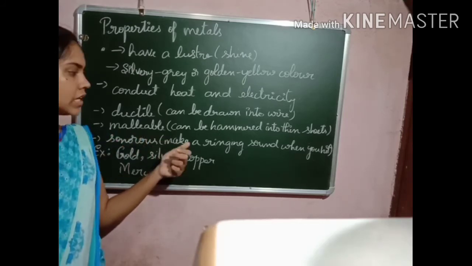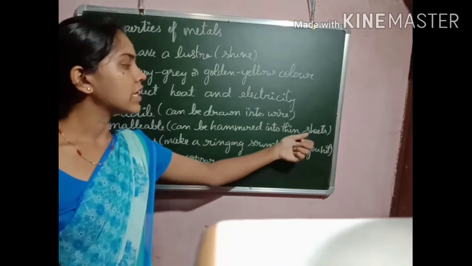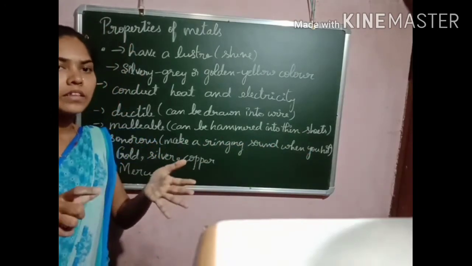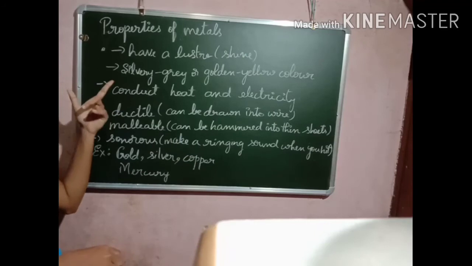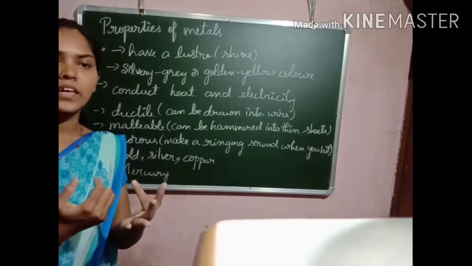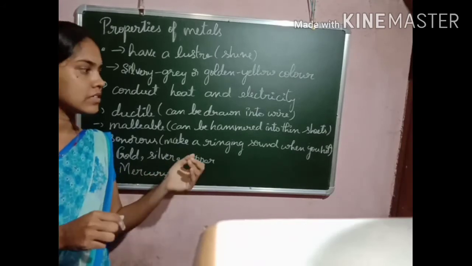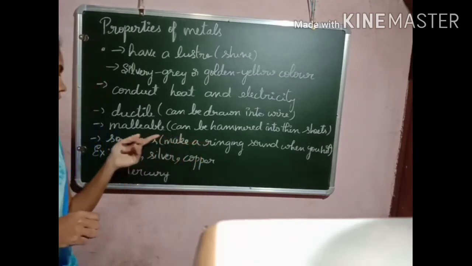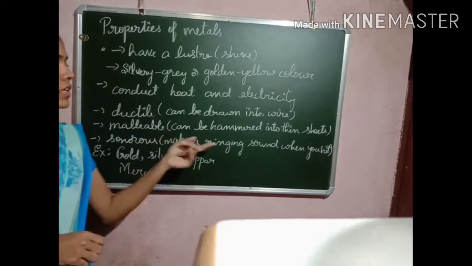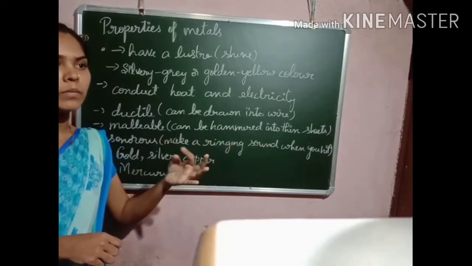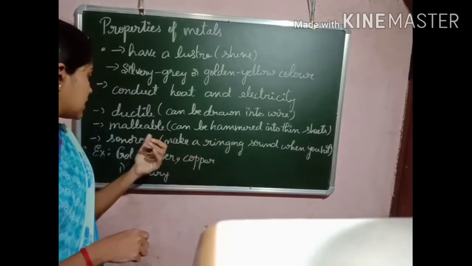What is malleable? It can be hammered into thin sheets. You can make thin sheets of metals, such as aluminium sheet and copper sheet, iron, all these things. That is malleable.